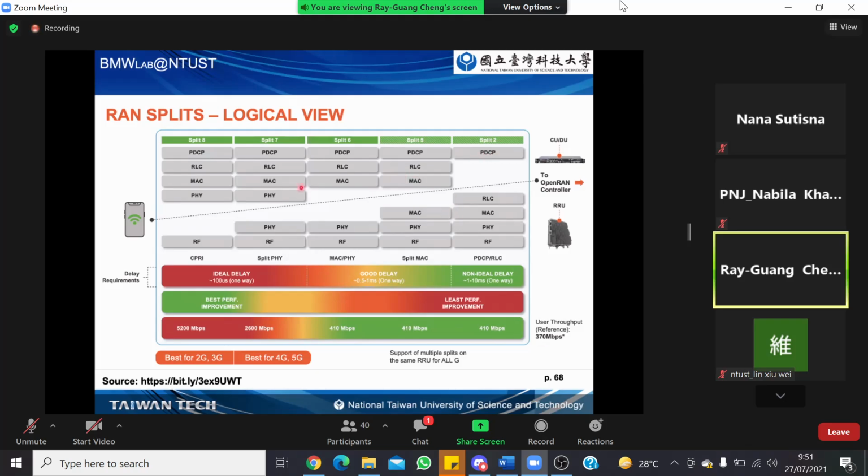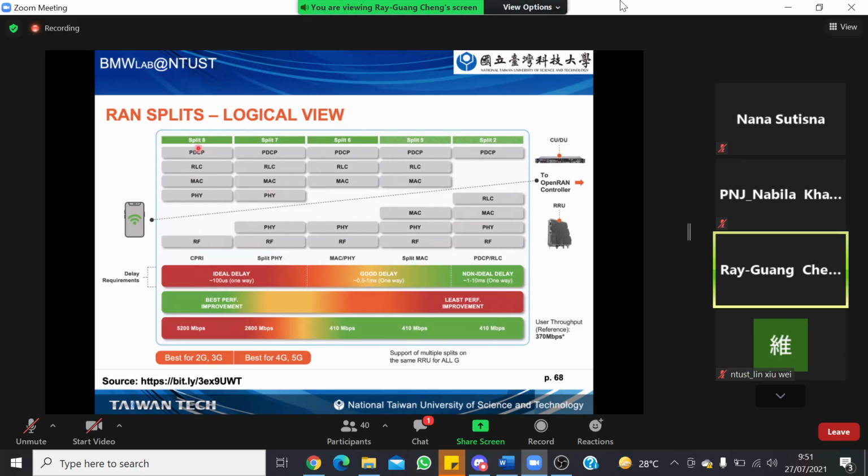So for different splits, you will find different protocols. Actually, they are the same. They just want to split into 2 parts and interconnect them through the fiber, the fronthaul. So they show you the delay requirement.